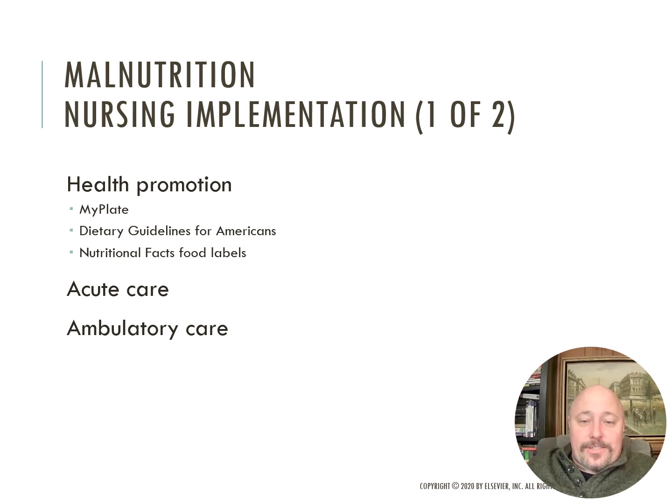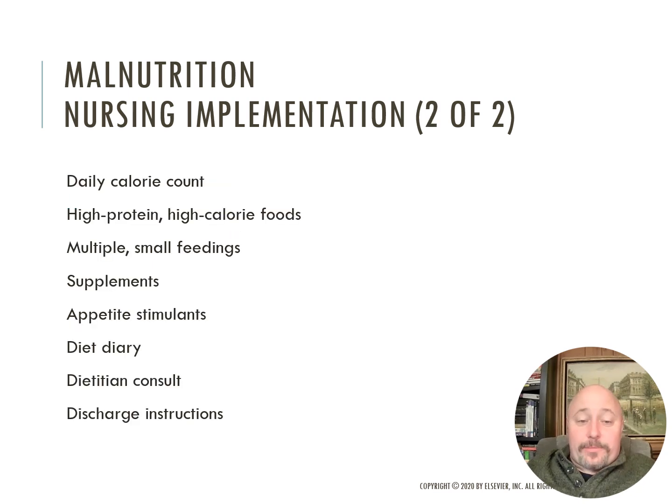The acute care section within the textbook has other examples of high calorie, high protein foods that you could recommend to the patient. For our nursing implementation, we want to make everything from a daily calorie count, high protein, high calorie foods available, provide multiple small feedings, in addition to supplements, appetite stimulants, a diet diary, dietary consult, and discharge instructions to maintain their progress.